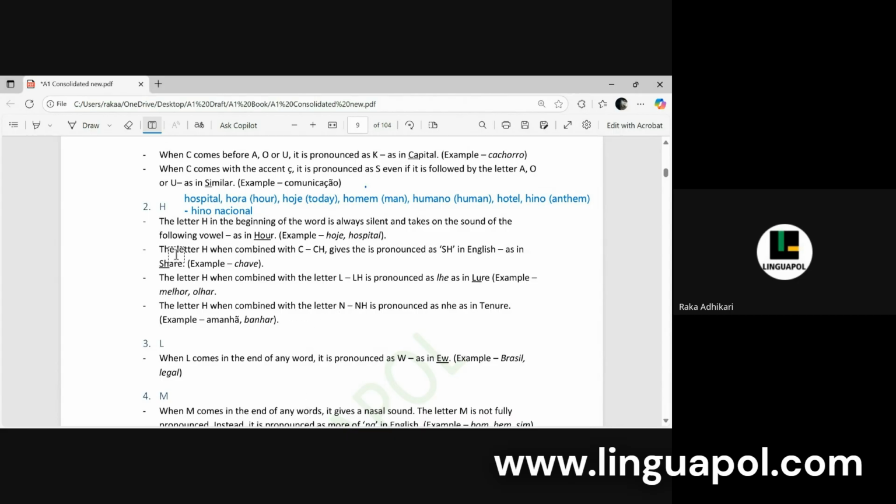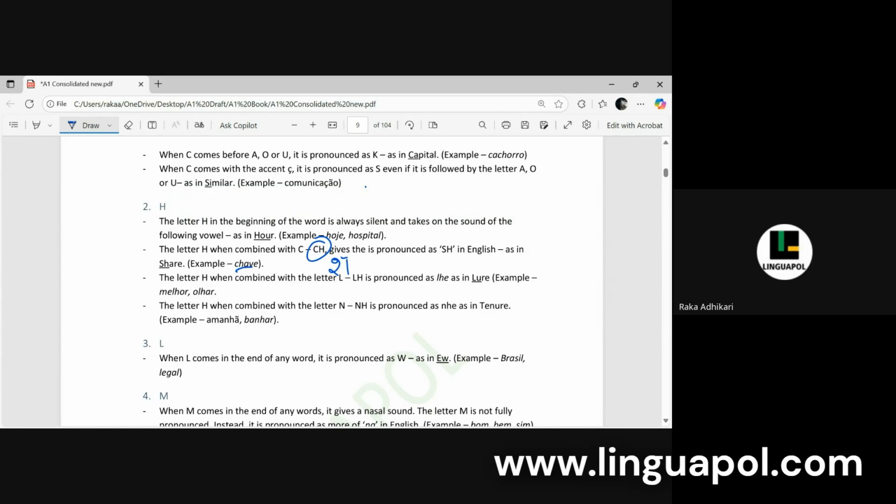Let's move on. The rest of the three rules talk about different combinations of the letter H with different letters. When the letter agá comes with the letter C, then we give it a sound of "sh". Very soft S, "sh".